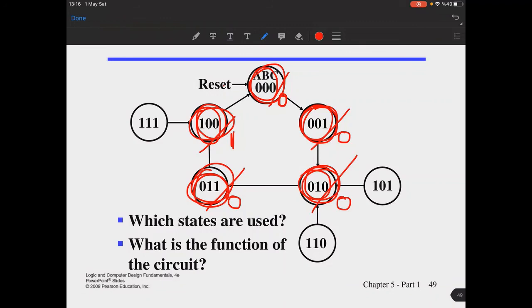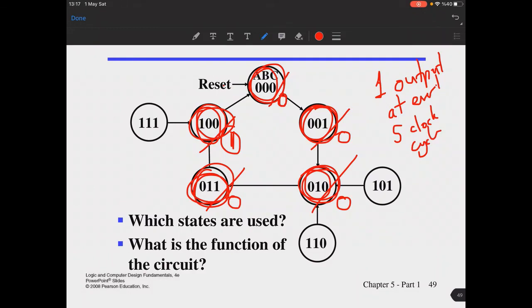Just pause the video and think about it. Look at this. It gives us one output at every 5 clock cycles, right?